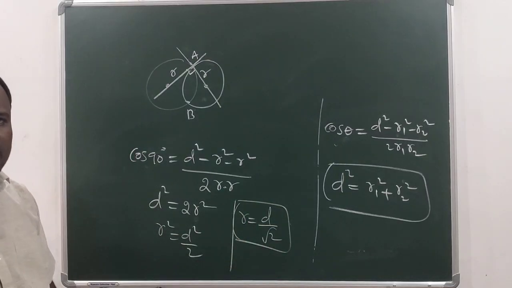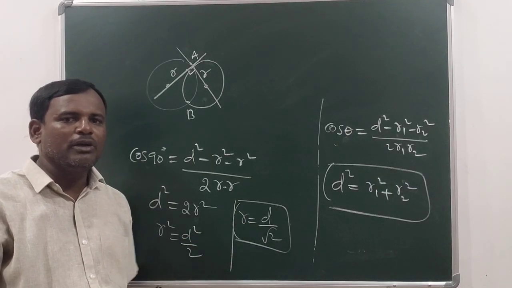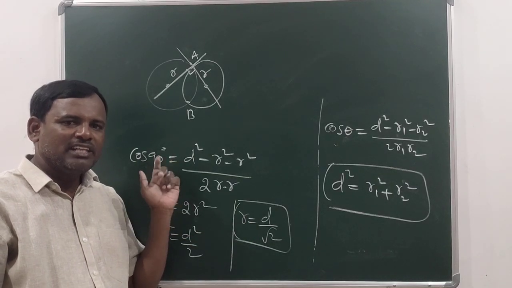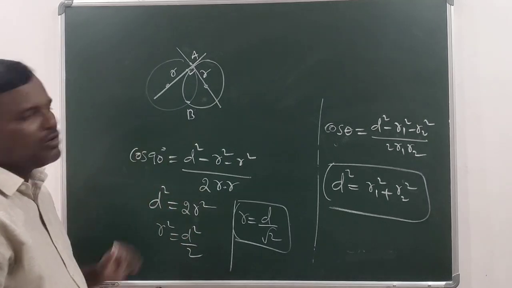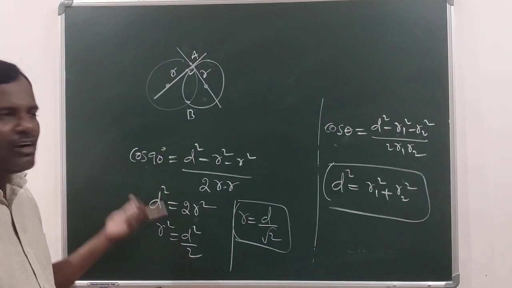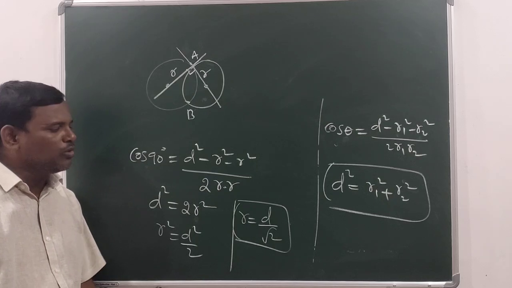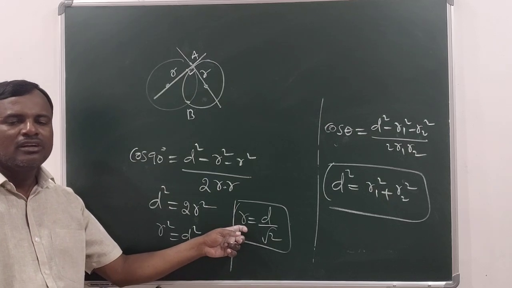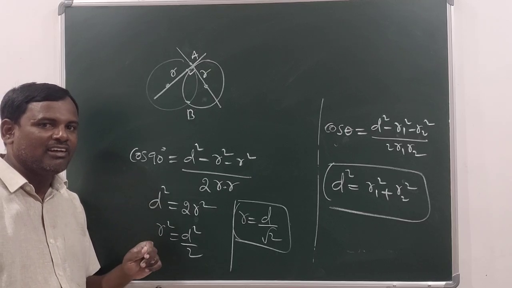Remember this. When do you get the radii of the circles equal to d by root 2? Whenever their radii are equal, automatically they are called orthogonal circles. So not for all orthogonal circles, only whenever their radii are equal.